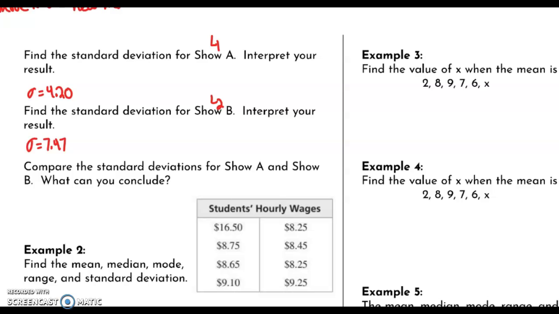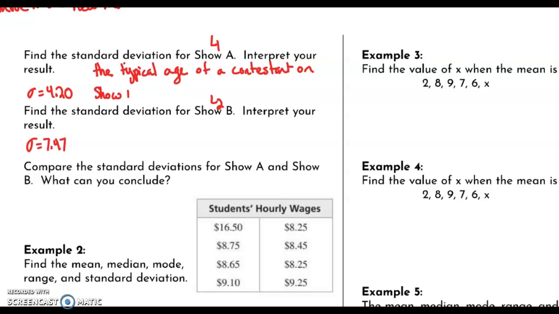So what the standard deviation means on show A: if you look at your foldable from yesterday, it talks about the typical number. In this case, it's a typical age because we're talking about ages. It's the typical age of a contestant on show A. That's just kind of telling about what we're doing.